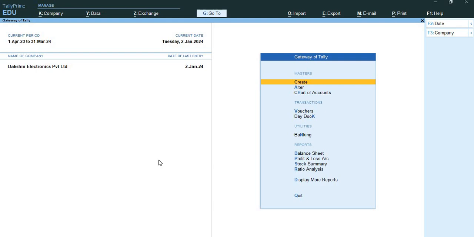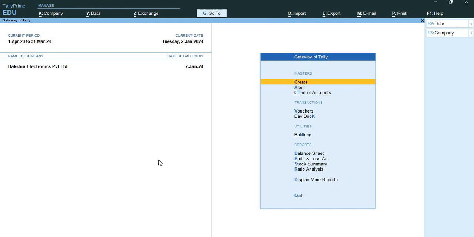TDS is deducted on the fulfillment of the below given conditions. Condition number 1. The assessees who are covered under section 44AB of the Income Tax Act, including individuals and HUF, running a business and deducting TDS at the time of payment or credit, whichever is earlier, against the following type of recipients or deductees.